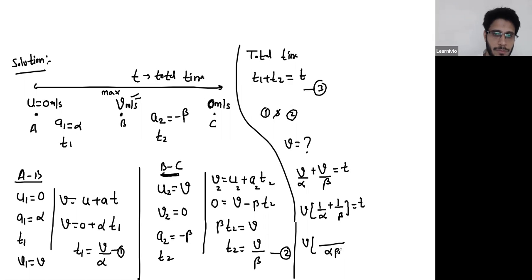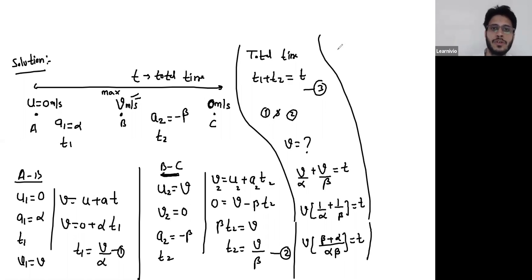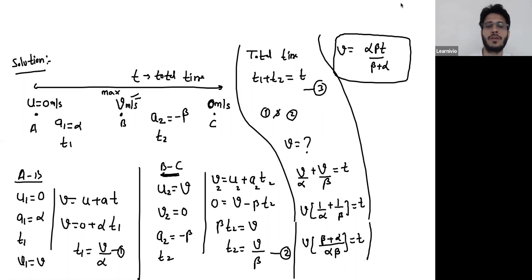Alpha into beta. And you are left with v times beta plus alpha over alpha beta equal to t. So v is alpha beta t over beta plus alpha. Clear, Sania? Yes.